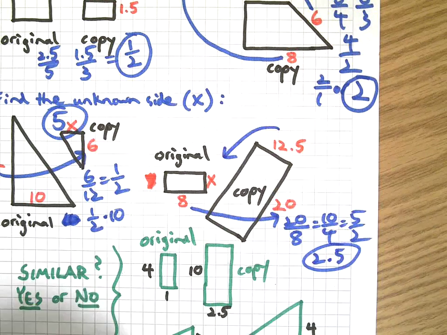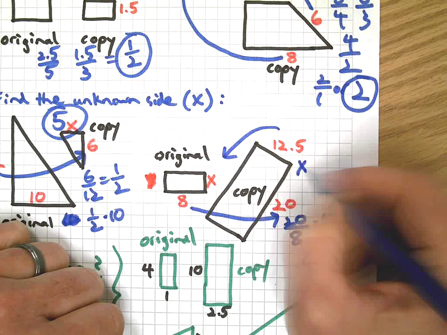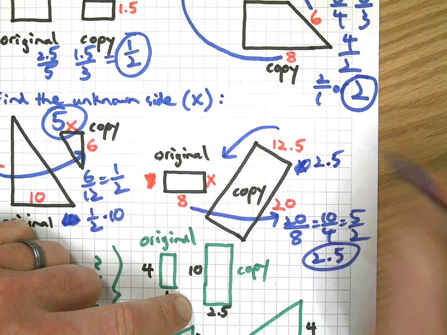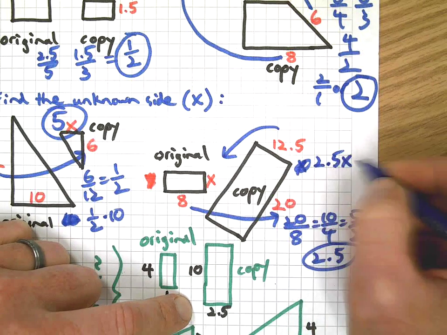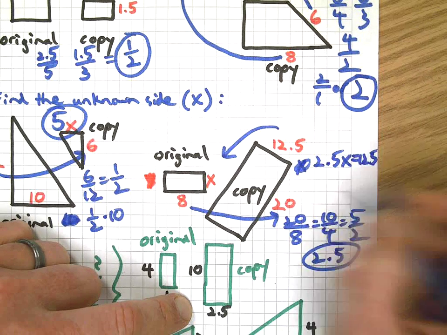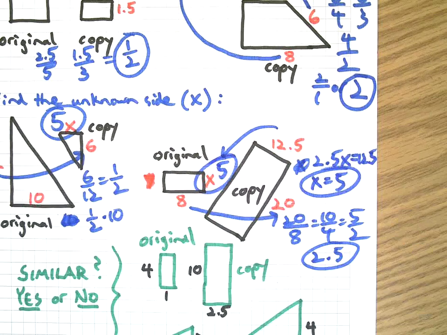Okay, so if I work backwards, oh, look at this. 2.5 times something equals 12.5. How about 5? Hey, did you get 5?